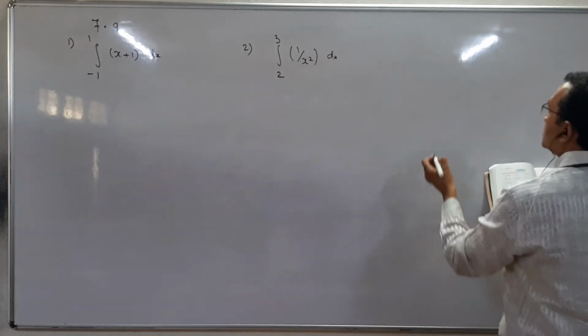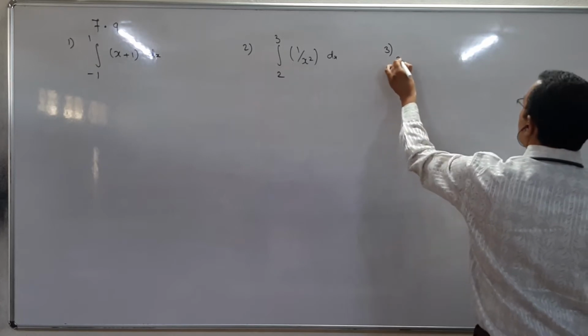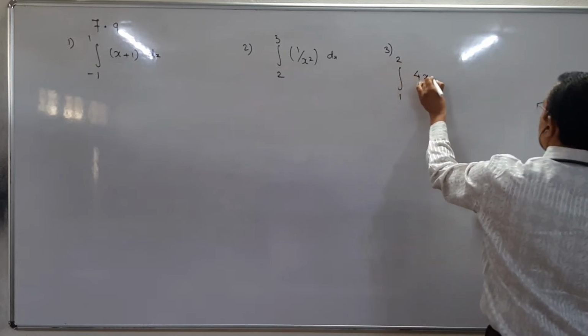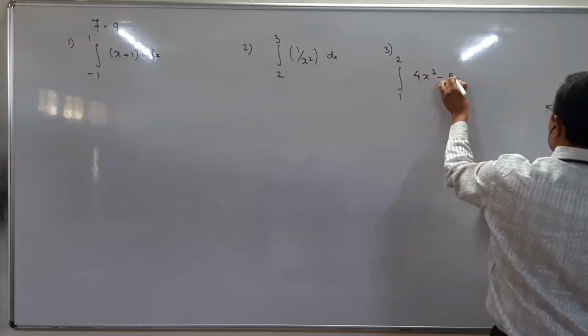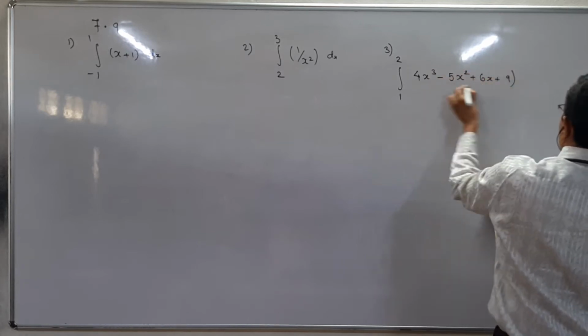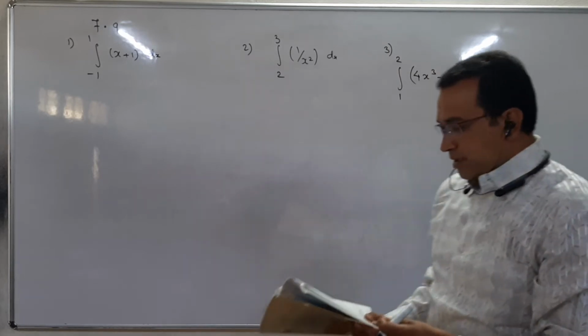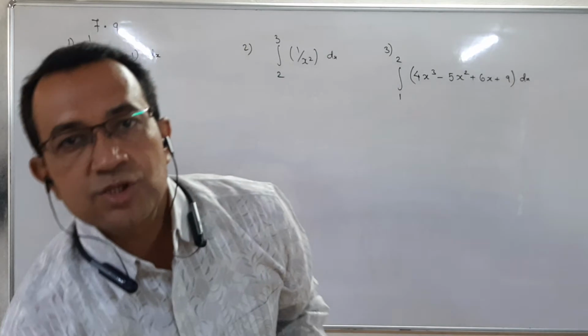And third, it is integral from 1 to 2 of (4x cube minus 5x squared plus 6x plus 9) dx. Okay, students, let us do 3 questions at a stretch.